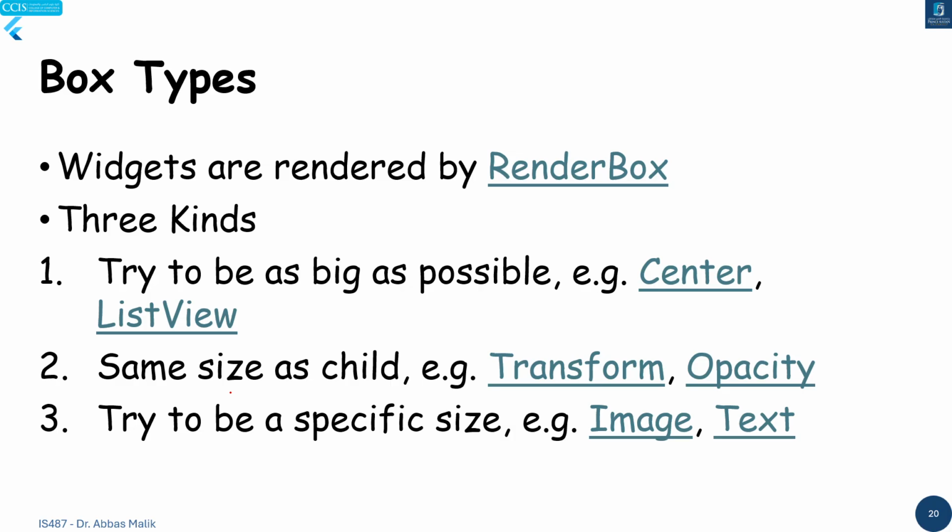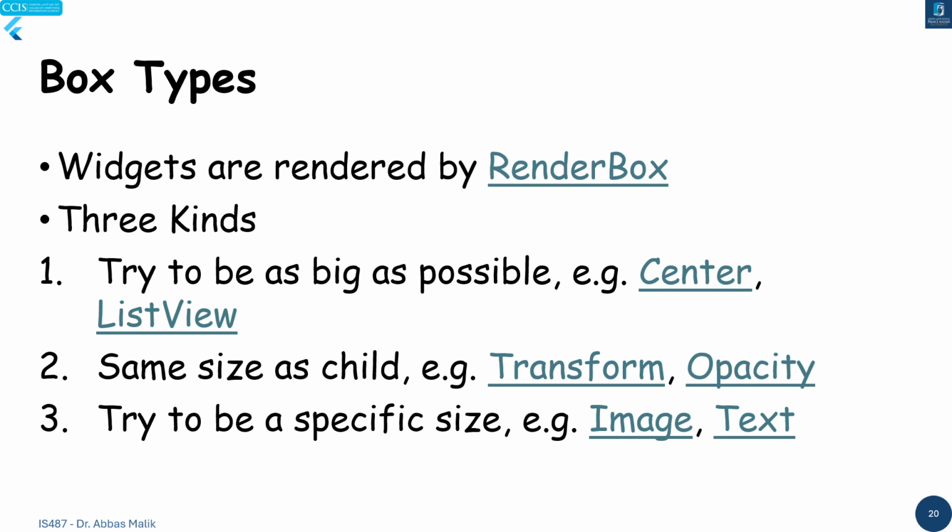It is a box, which is rendered and shown on the screen using the render box class. If you click on that, it will take you to the Flutter API documentation for the render box class. Then it has three different types. One is to try to be as big as possible.